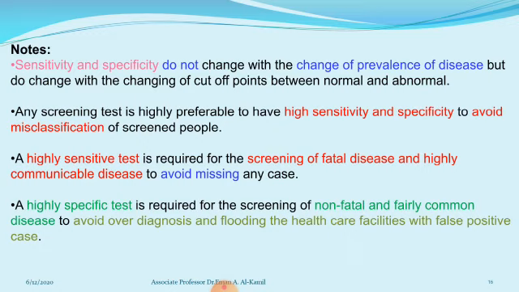So if we take as a reference the glucose tolerance test, everyone who is above 120 is regarded as diabetic, less than that non-diabetic. So there should be a cutoff point, a level at which we regard the individual as having the disease or not having the disease. That is called the cutoff point. So the sensitivity and specificity do not change with the prevalence but with the cutoff point.